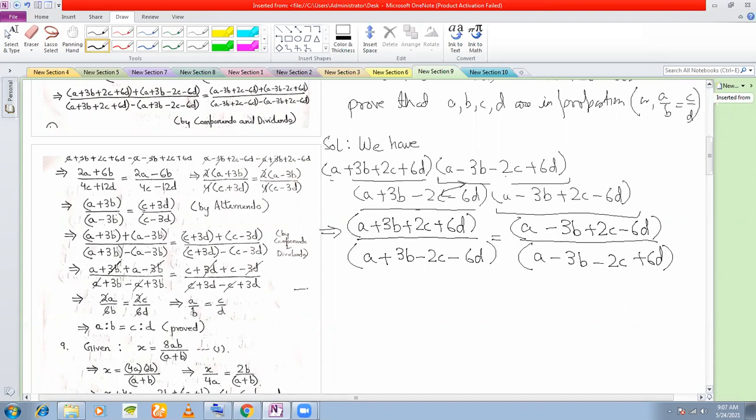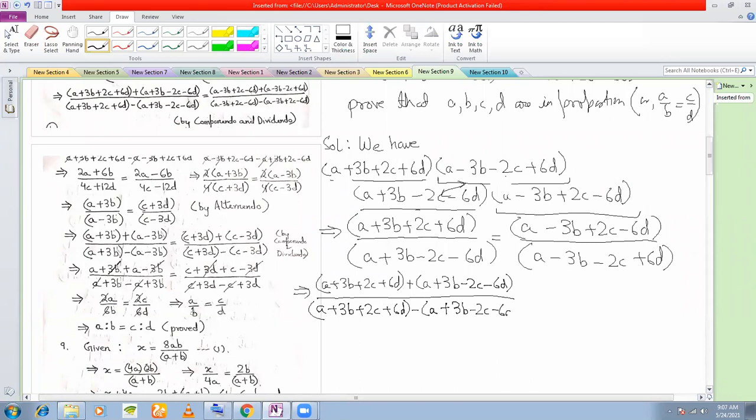Now we use componendo and dividendo. That is, on the left hand side, a plus 3b plus 2c plus 6d, numerator plus the denominator, divided by numerator minus the denominator: a plus 3b plus 2c plus 6d minus (a plus 3b minus 2c minus 6d).